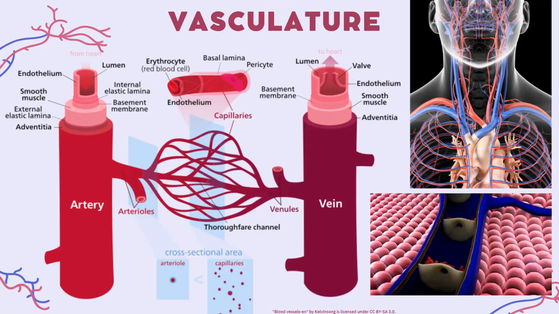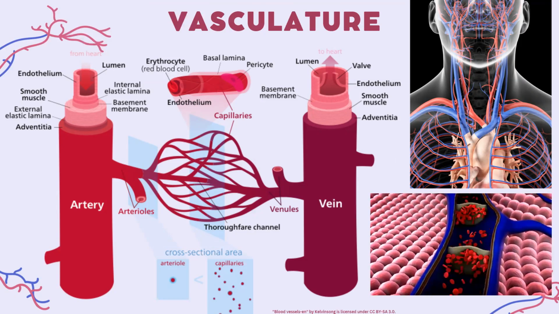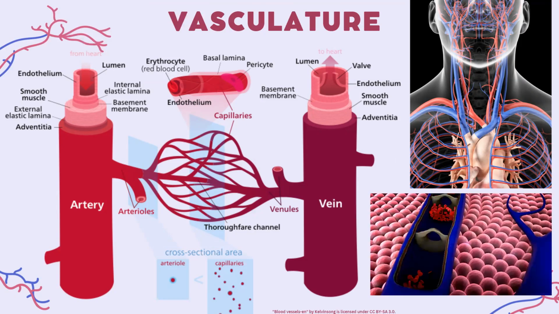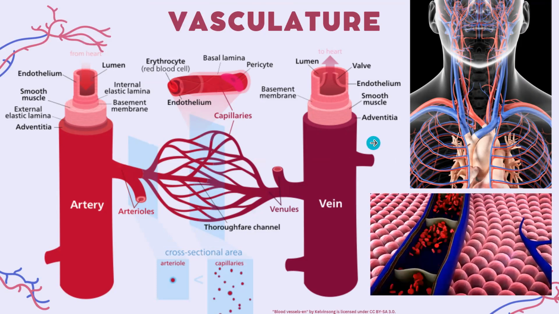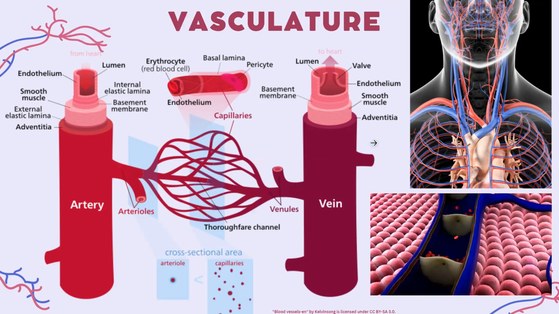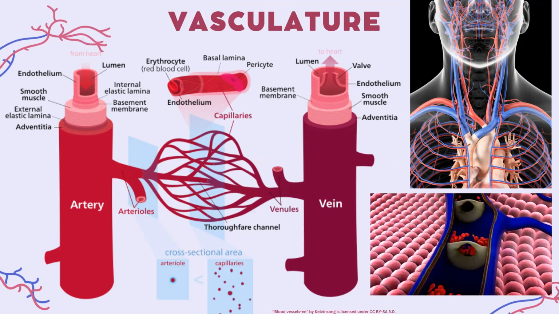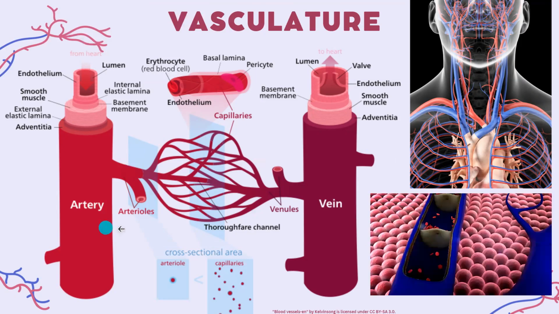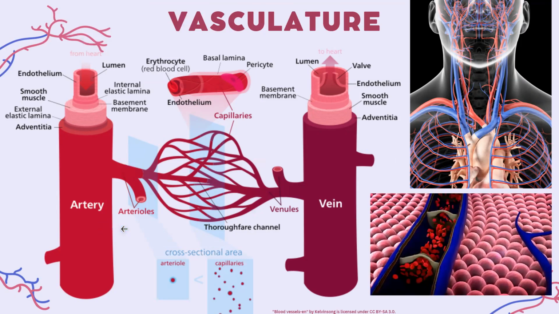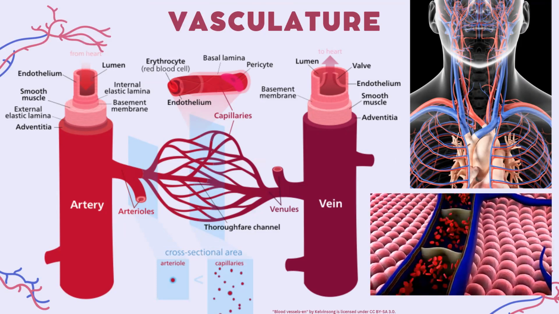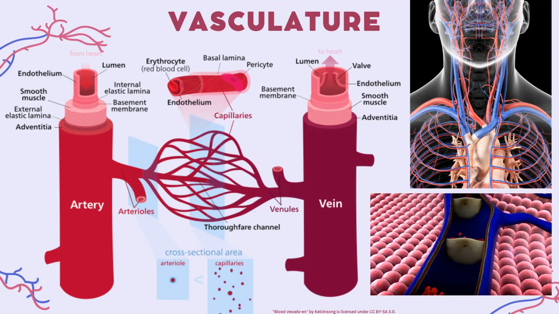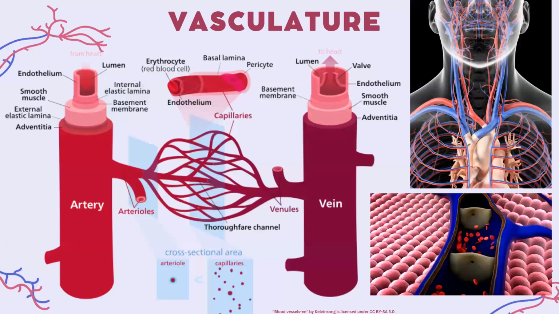So our circulatory system is one giant loop, more or less. So here's a very simplified version of that loop. So you see we have arteries and veins. So the way to remember this is that we have arteries away. So arteries are going to carry blood away from the heart towards the body's tissues.